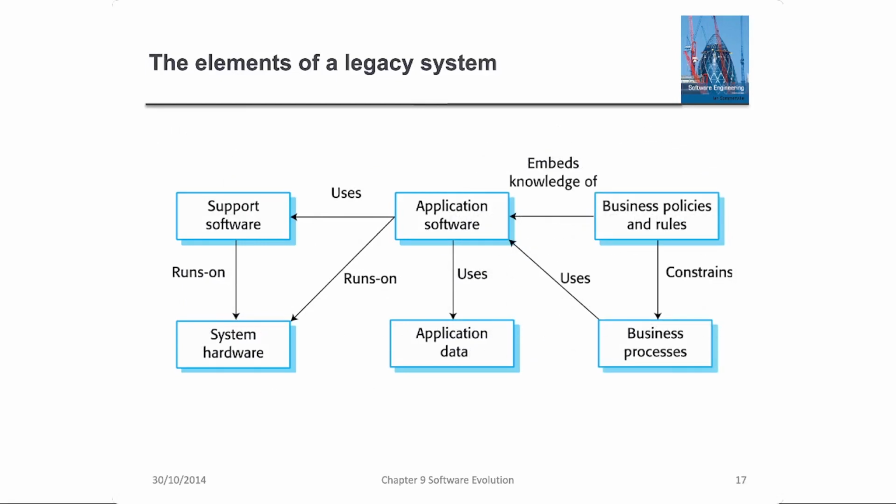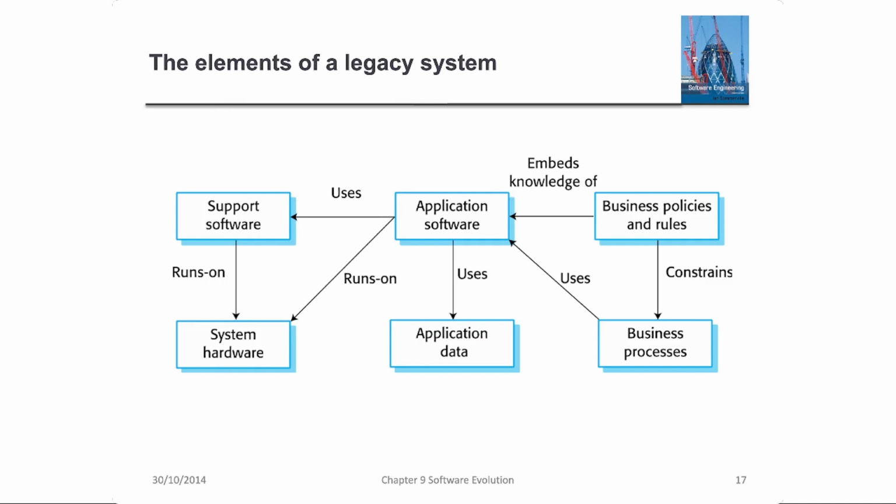Building upon our understanding of legacy systems as socio-technical entities, let's dissect the elements that compose these systems as illustrated in this diagram. At the foundation, we have the system hardware, which may include outdated machines like mainframe computers. This hardware underpins the support software, an ensemble of tools, possibly now obsolete, that sustain the application software, the heart of business services.